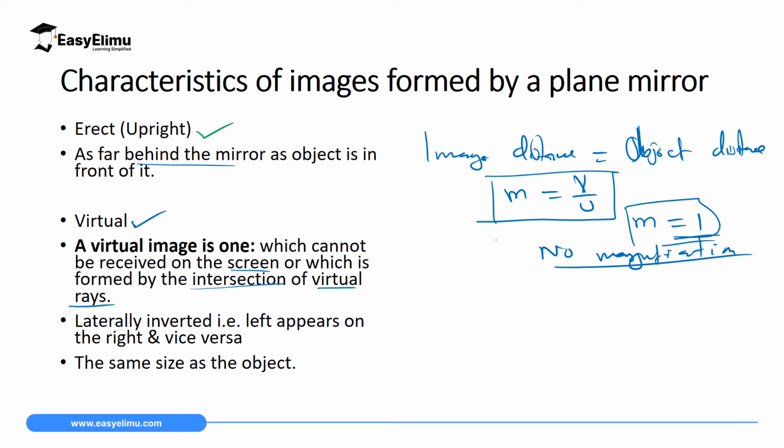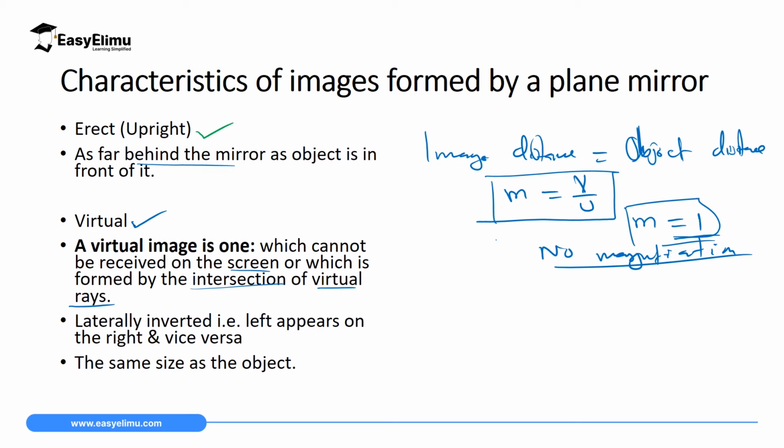Another characteristic is that the image is laterally inverted. Laterally inverted is what we have just seen. You saw the point C appeared on the right side in the object, and then on the image it appeared on the left side. So lateral inversion means left appears on the right and the right appears on the left, and vice versa.